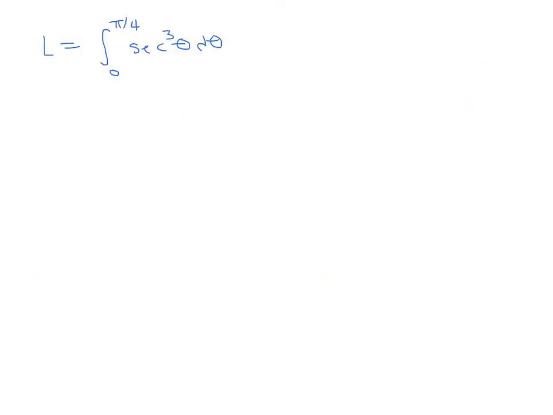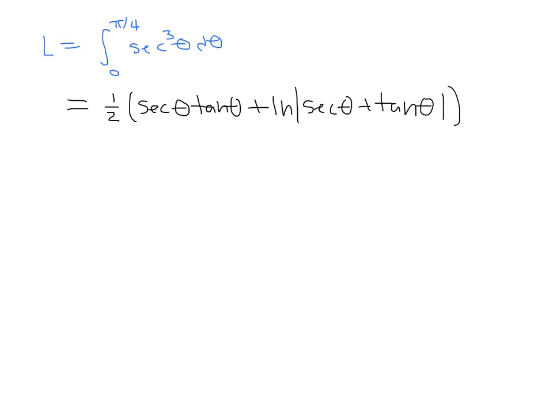Now back to the original problem. We're trying to find the length of the curve, which was given by the integral from 0 to pi quarters of secant cubed theta d theta, and we found that the antiderivative of secant cubed theta was 1/2 secant theta tan theta plus ln absolute value of secant theta plus tan theta. We're going to evaluate that from 0 to pi quarters.